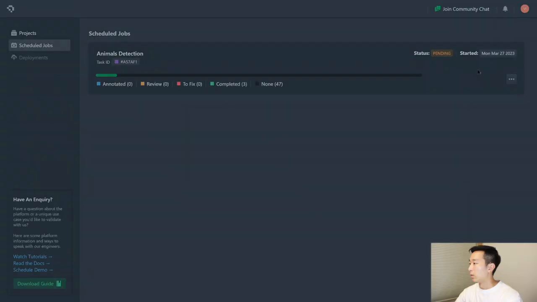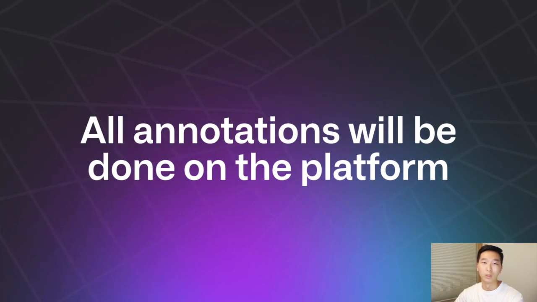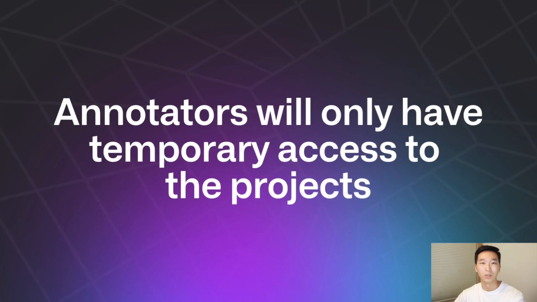Now I want to talk about how it will be when the external labelers actually come onto the platform. There's a few things to highlight. Firstly, all the annotation will be done on platform, so no data will ever leave the platform, and the annotators will only have temporary accounts that will have access to your project for the duration of the annotation job.